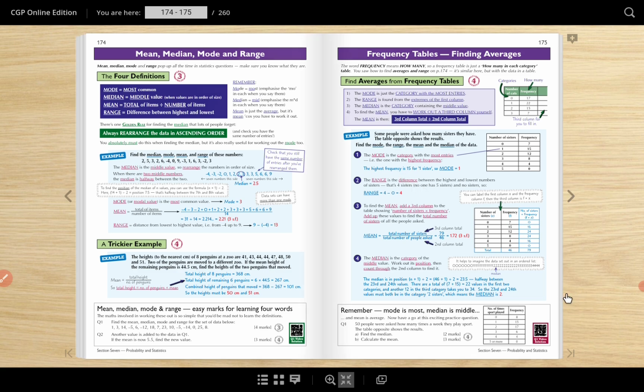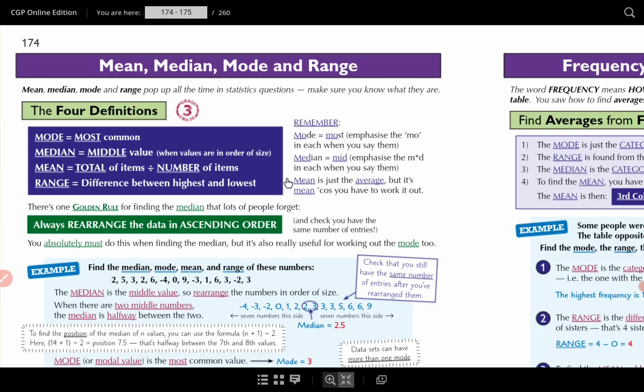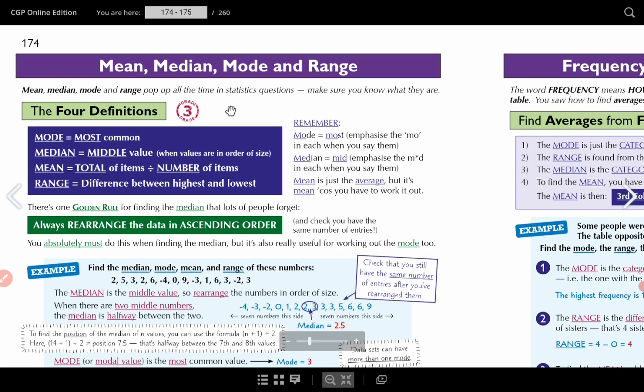Let's look at something interesting now. So we have the mean, median, mode, and range, and you find them in almost all statistics questions.